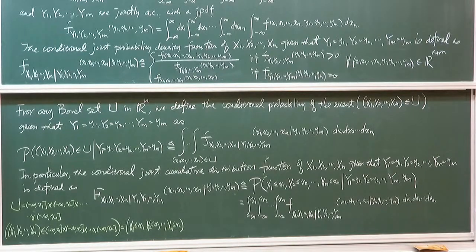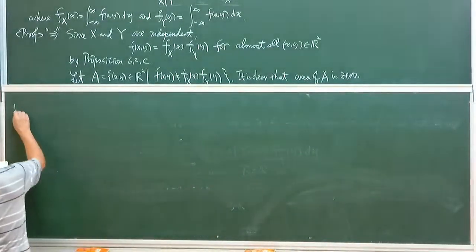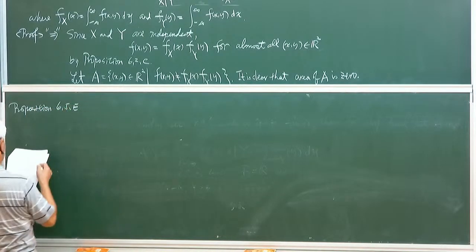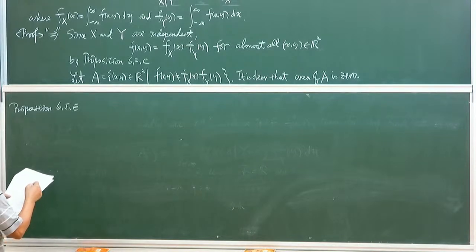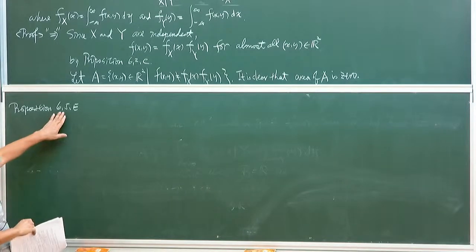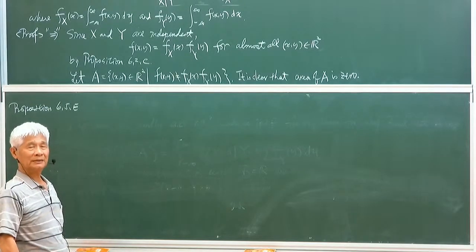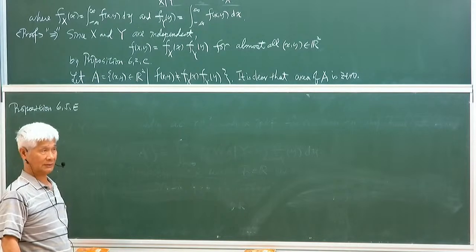So we now write down proposition 6.5.E. Like proposition 6.5.A, which describes the relationship of the joint PDF of two jointly absolute continuous random variables, just two random variables.